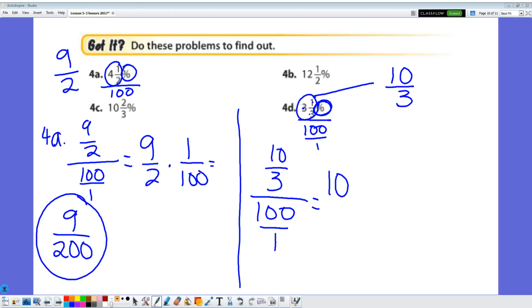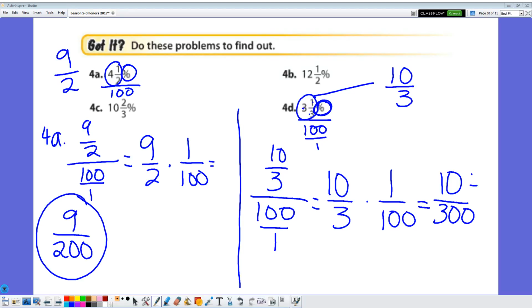And again, keep, change. Okay, I can cross cancel. For this example, I'm going to multiply straight across. 10 times 1 is 10. 3 times 100 is 300. I can divide the numerator and the denominator by 10 so that I get 1/30 as my answer.